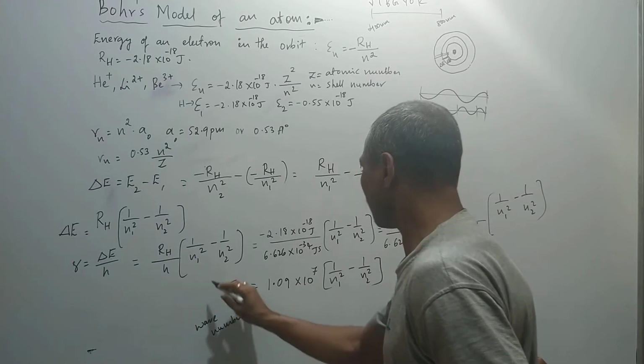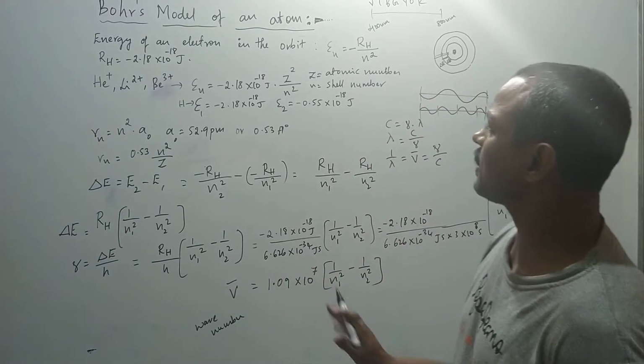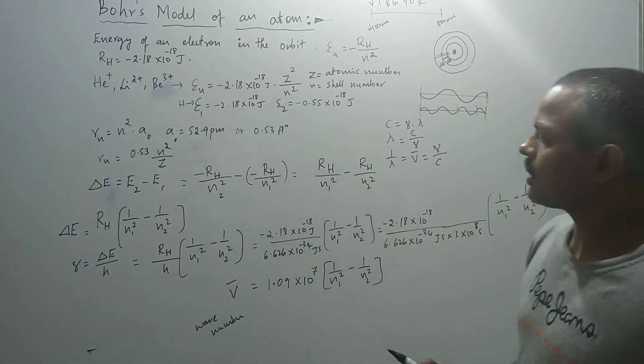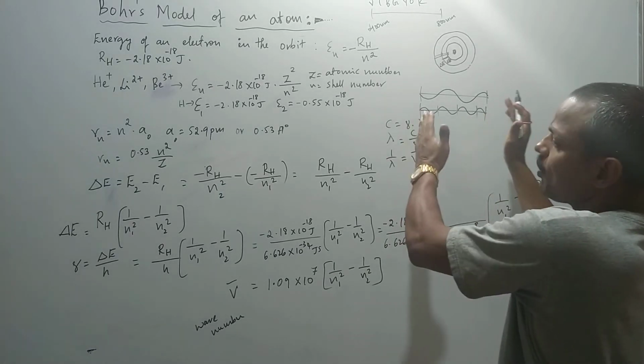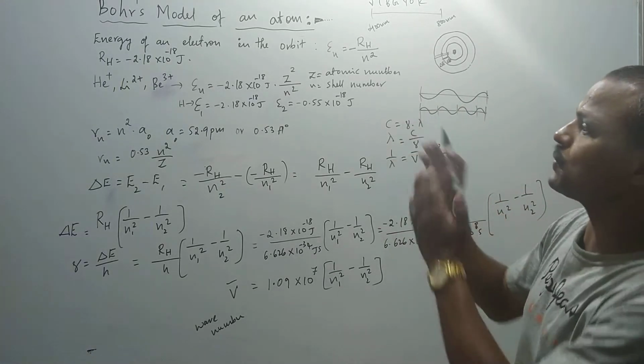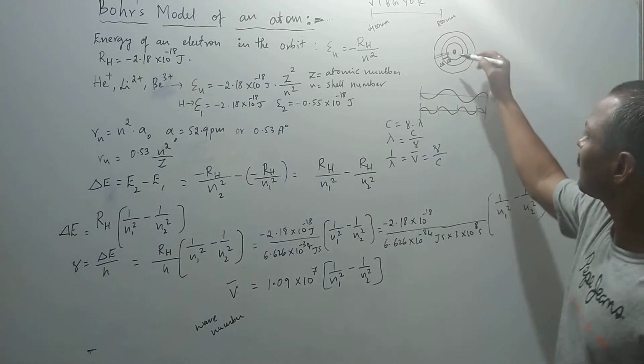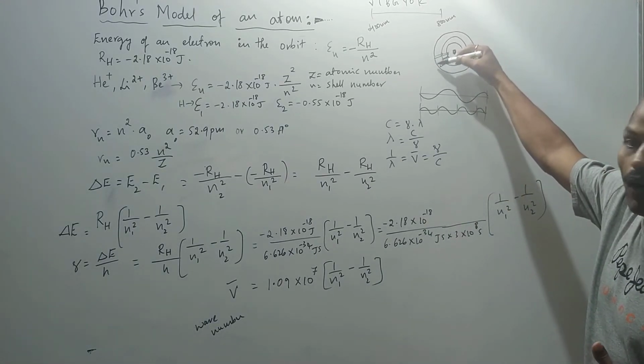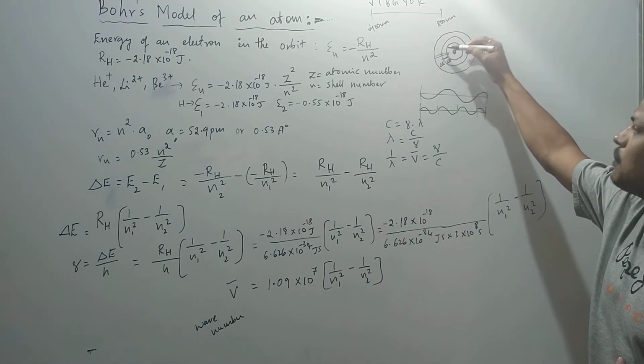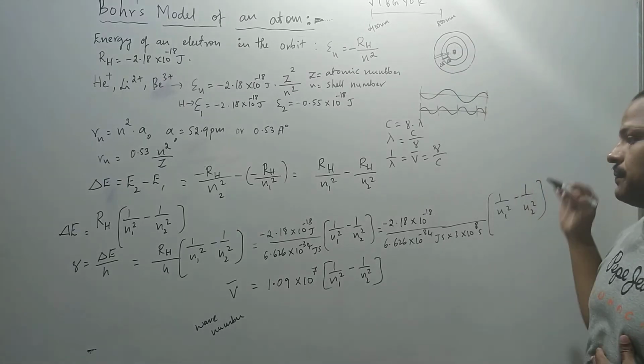So the wave number is used to find out how much wave is used for shifting either from lower to higher or higher to lower during the emission or absorption of the radiation.